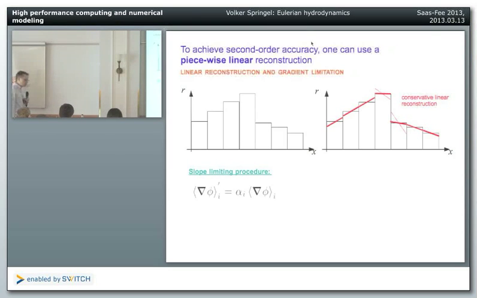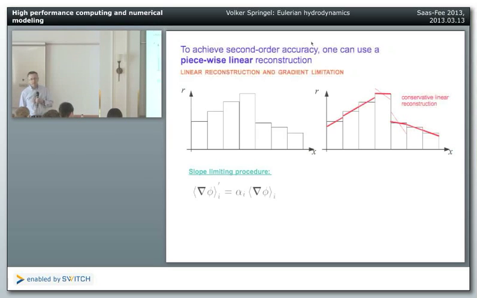That's why one needs to apply a so-called slope limiting procedure of some kind. So what this means is that one estimates slopes, gradients of this field phi, with an ordinary second-order finite difference approach. Then you multiply this with some nonlinear switch alpha that usually is 1.